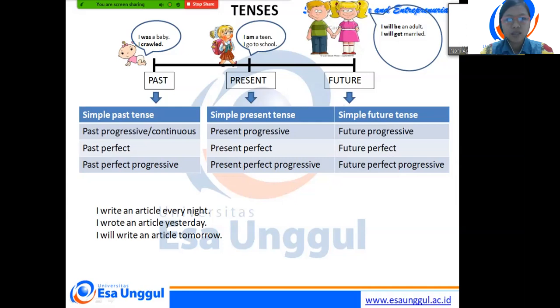Present tenses are divided into simple present tense, present progressive or continuous, present perfect, present perfect progressive, and past tense are divided into simple past tense, past progressive or continuous, past perfect, past perfect progressive. Future tenses are divided into simple future tense, future progressive, future perfect, future perfect progressive.